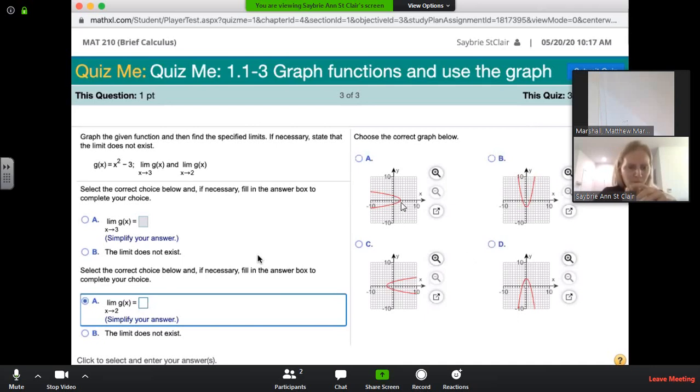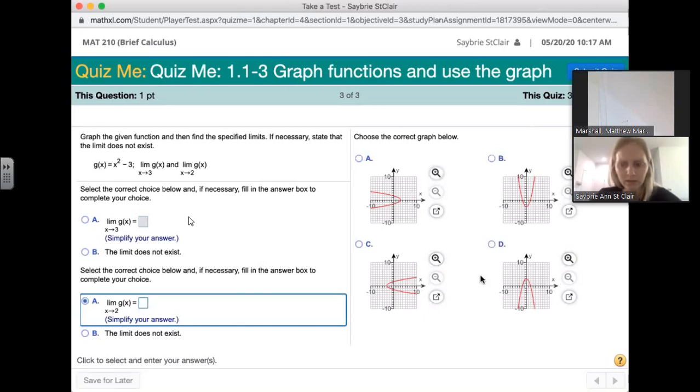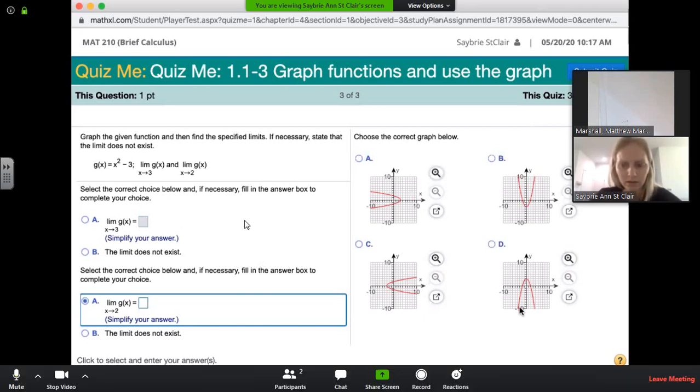So if you find 3 on the x-axis, graph, find, select the right choice.